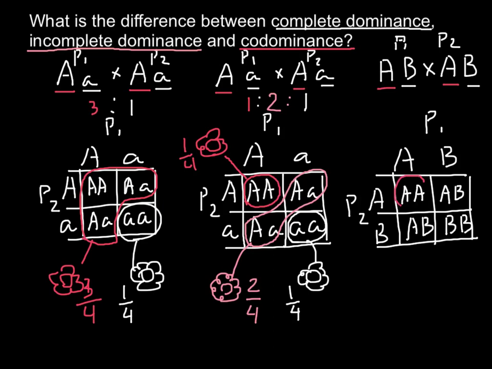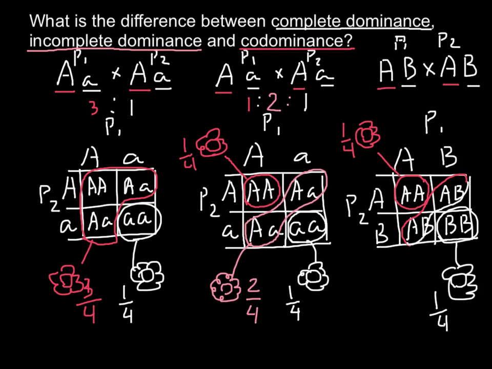Once again, this is going to be red color phenotypically, and this is going to be 1/4, and this genotype would produce white flowers, and once again this is going to be 1/4 frequency, and the genotype in the middle would produce flowers that are going to be variegated, so both red and white patches would be present, and these patches would be uniform red or uniform white color.